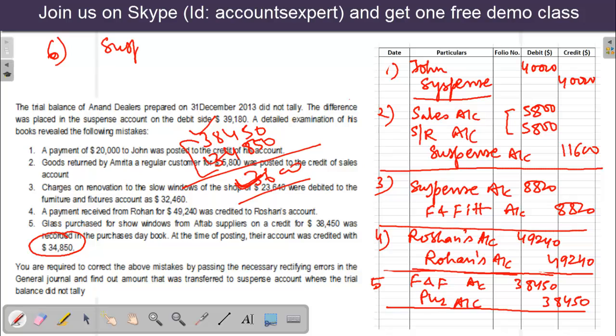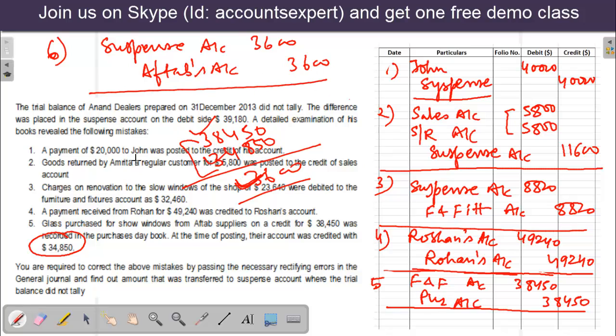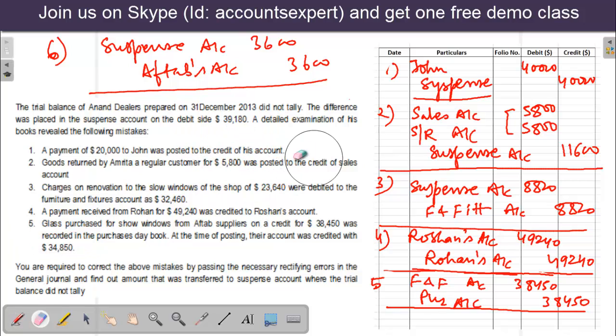Suspense account will be debited with 3,600, and Aftab's account was under credited, so I will credit Aftab's account with that under credited amount 3,600. So this is the rectifying entry. Got it? So these are the entries to rectify the errors, 6 entries.